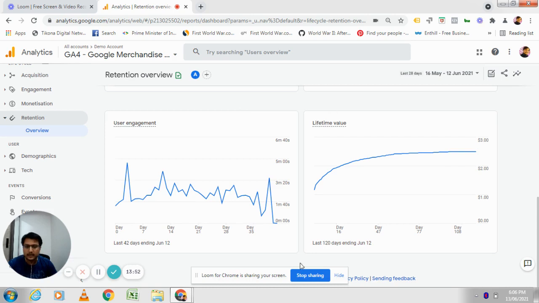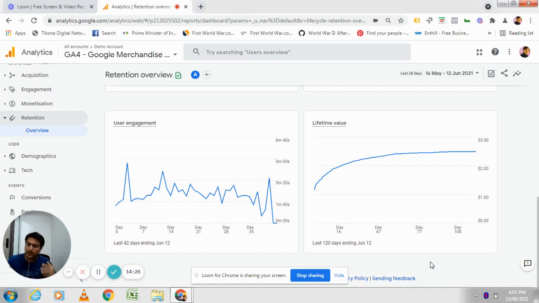Now this is something which I like to see in this particular retention table, which is called the lifetime value. Lifetime value is where you get to know the total amount of money your customer is spending on you. Your objective as a performance marketer should be to increase the lifetime value every time, because in real life, more and more people and more and more businesses are coming to the digital world, and the competition is going crazy.